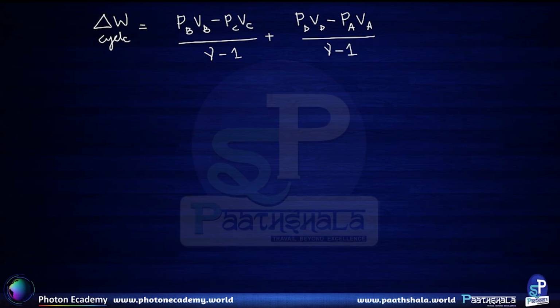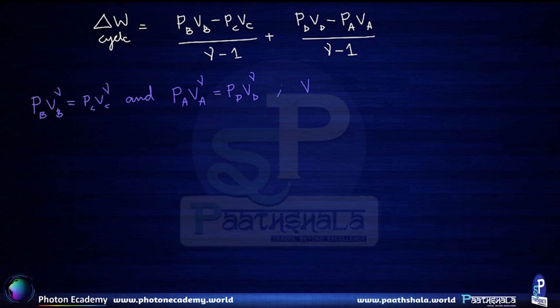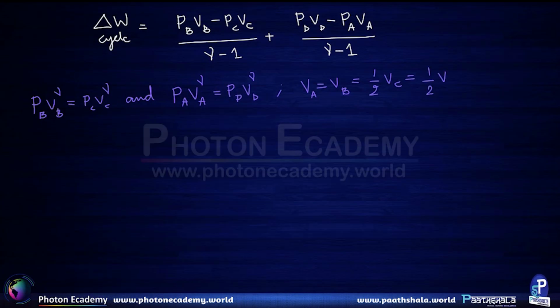We have the relations PbVb power gamma is equal to PcVc power gamma, and PaVa power gamma is equal to PdVd power gamma, and also Va is equal to Vb, which is equal to half of Vc, which is equal to half of Vd.